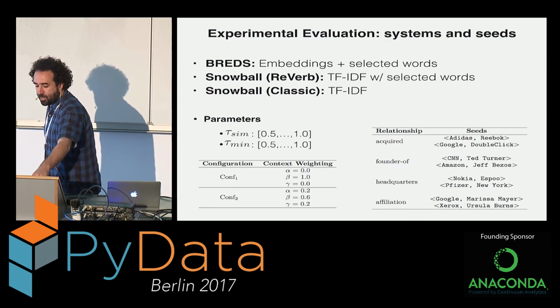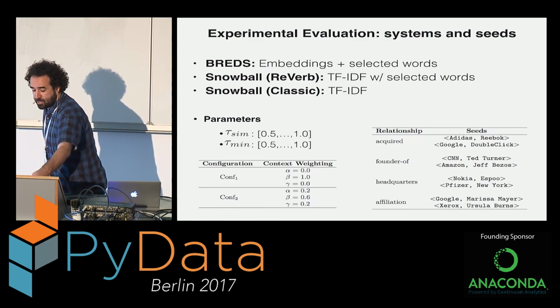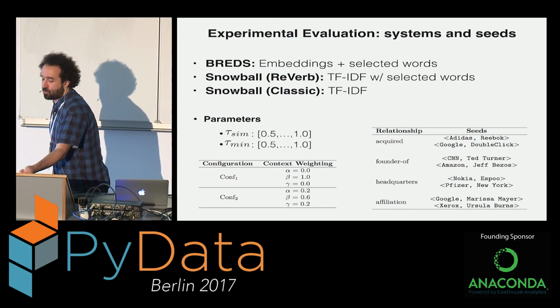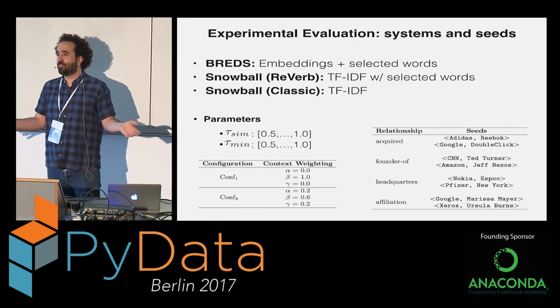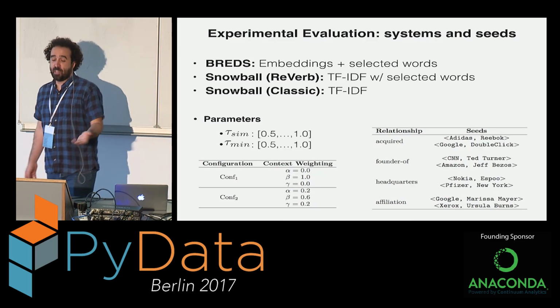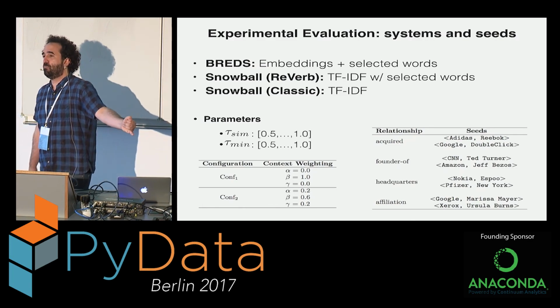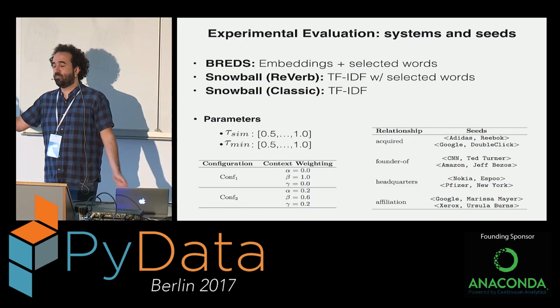So tau sim equal to 0.5 and then tau min equal to 0.5, 0.6, 0.7, 0.8, 0.9. So it's 6 times 6 possible values, then times 2 weighting configurations, then times 4 relationships. This was not clear in the presentation, but I left this running on the server for almost a week, doing all this in parallel. But I didn't explore threshold values below 0.5. I don't think that would make much sense. I just started from 0.5 up to 1.0.